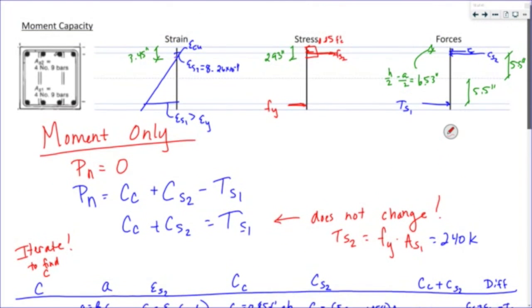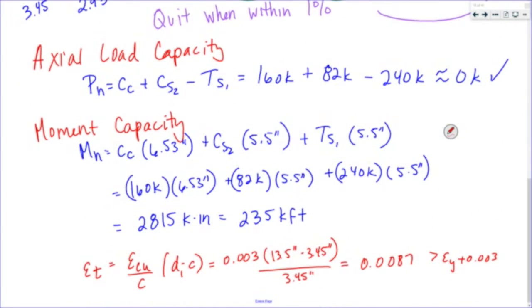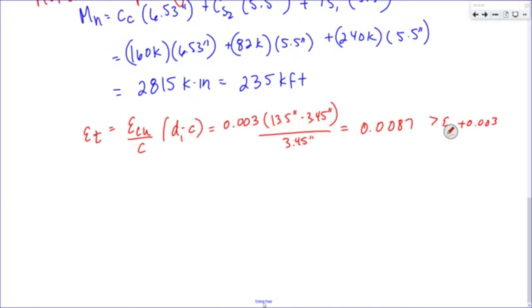So since the tension controlled case with a C of 5 was by definition tension controlled, then if you shorten the C to 3.45 inches, you're going to increase how much you've strained your tensile steel.